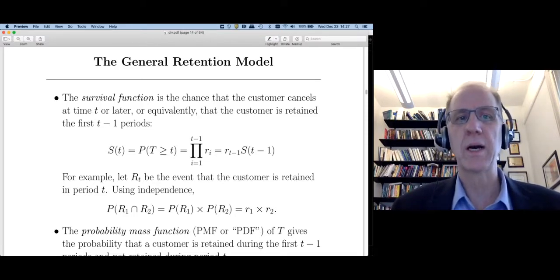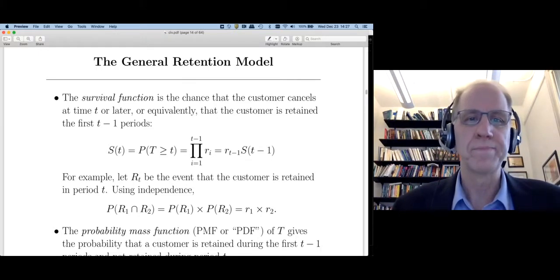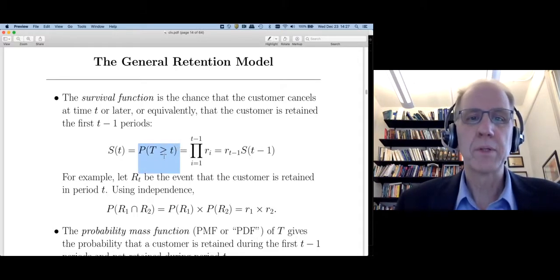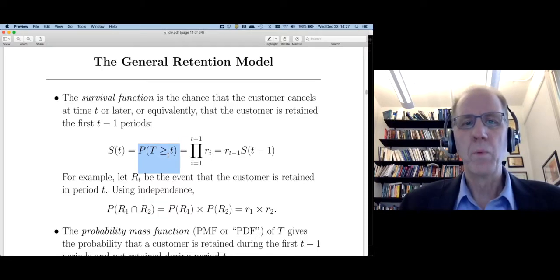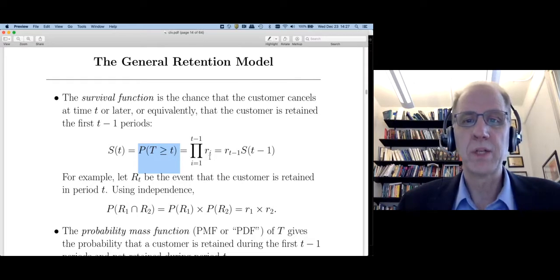Maybe the patient dies right now, or maybe the patient survives longer. So we can write this as the probability that T happens at some time t or later. We're going to continue to assume independence, and therefore, in order to get this probability, we are simply going to multiply all the retention rates up through the previous period.